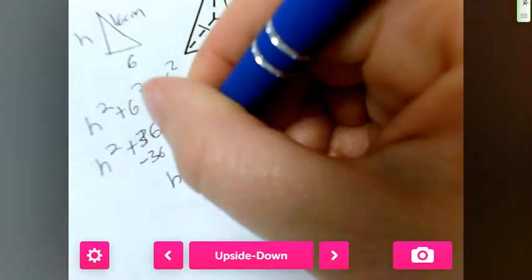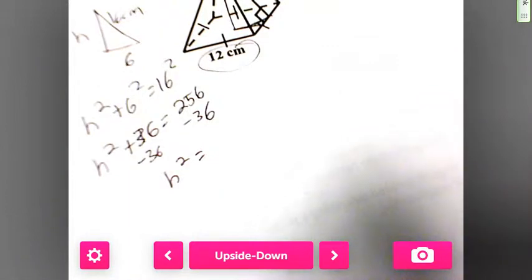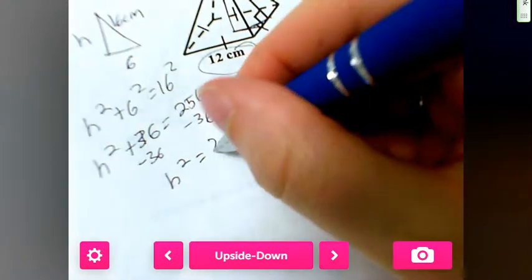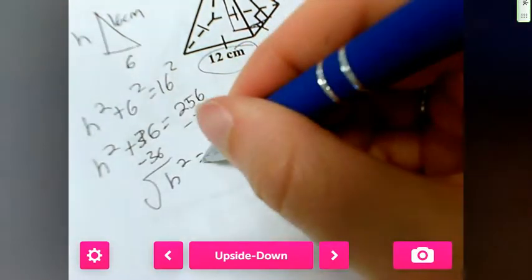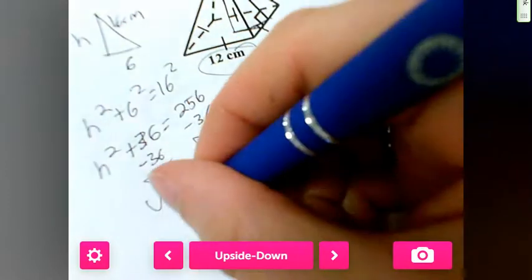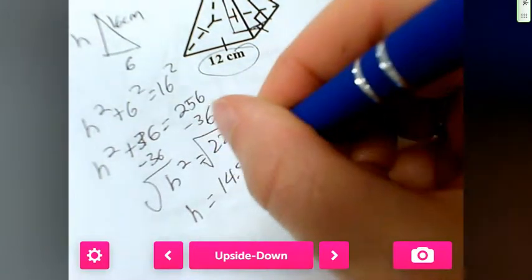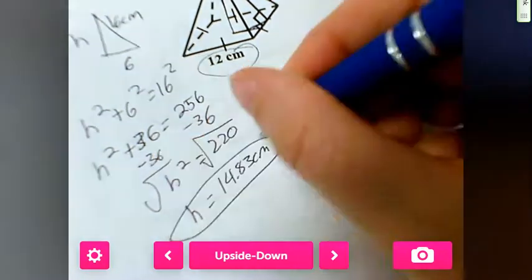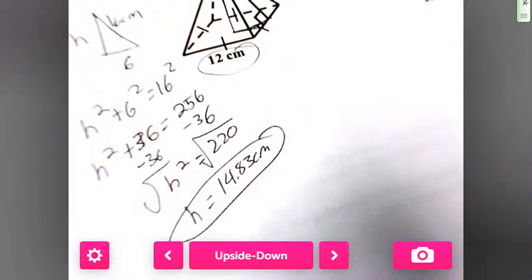I'm going to subtract 36 from both sides. So I get height squared equals 220. And then I'm going to take the square root of both sides. And I get height equals 14.83 centimeters. How do we feel about that? Just Pythagorean theorem, guys. A squared plus b squared equals c squared.